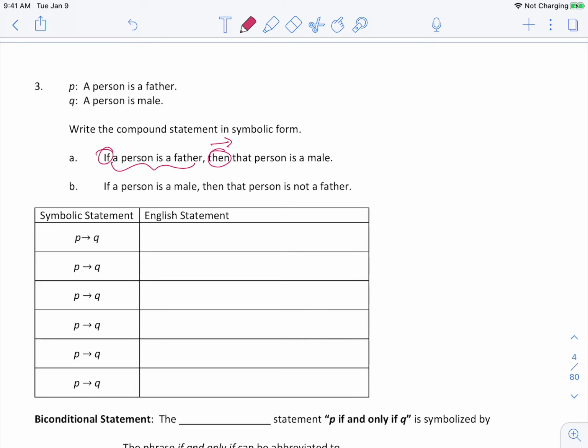A person is a father, this is P. That person is male, this is Q. So we have P arrow Q represents if P then Q. For B, again, we have if then, so the arrow goes by the then. Person is a male, this is Q. That person is not a father, this would be not P. So this we would write as Q arrow not P, which we would say as if Q then not P.